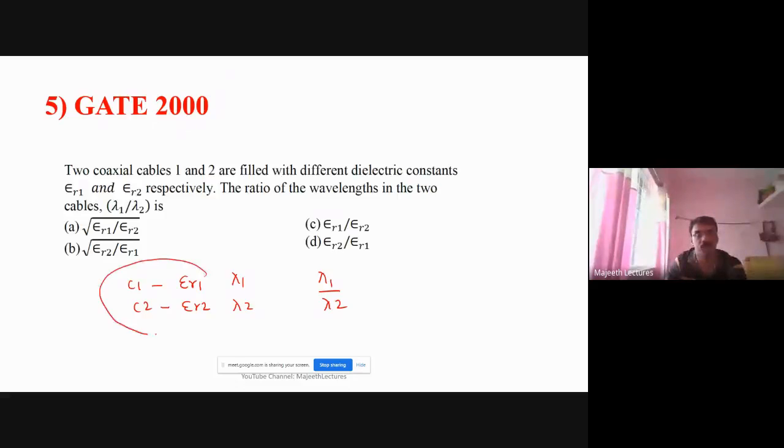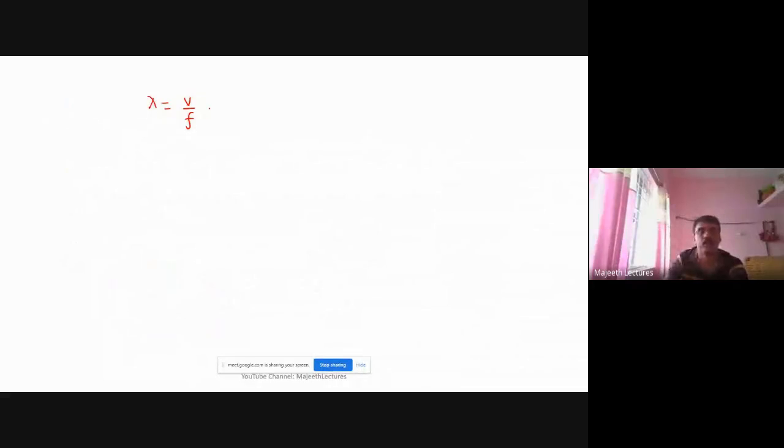Okay. So we know lambda is equal to V by F. They gave only epsilon r, so I must relate lambda in terms of epsilon r, then only I can work. So lambda is equal to V by F. From V, I know that V is equal to 1 by root of mu epsilon.